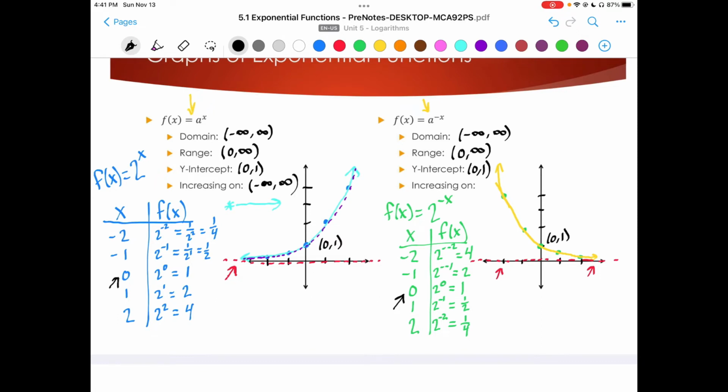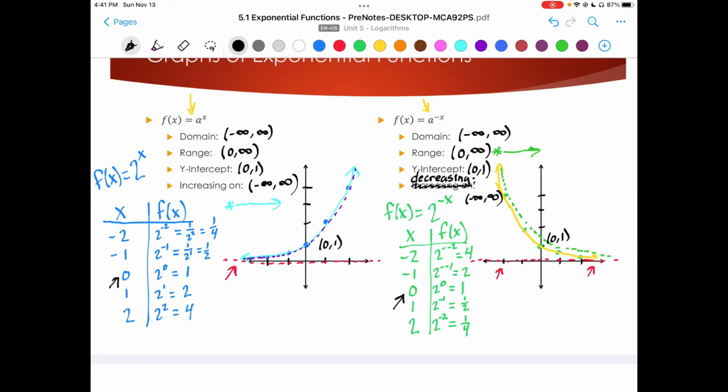Now let's look at our other graph. We start on the left side right here and follow our graph. The whole time I'm going down, getting closer and closer to 0 as I go. So that is actually not increasing. It is actually decreasing, and that is from negative infinity to positive infinity.